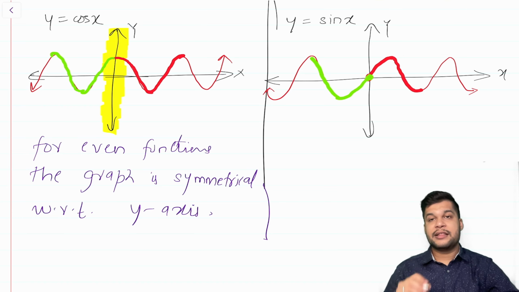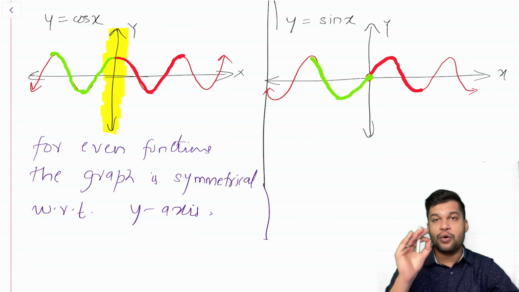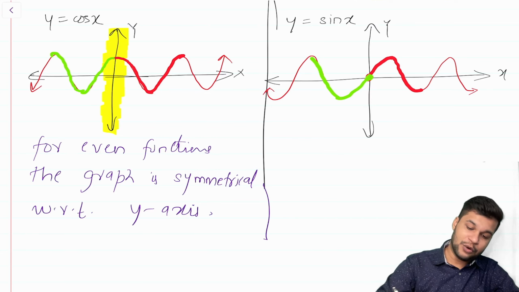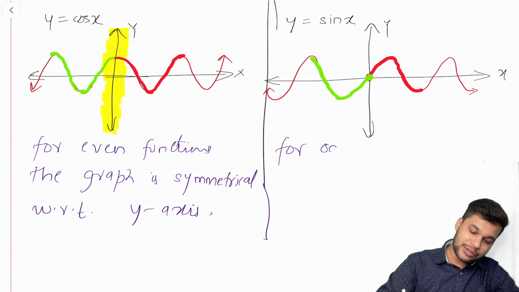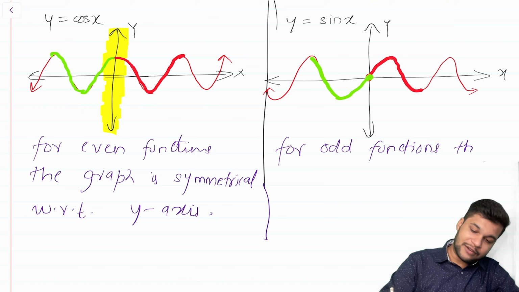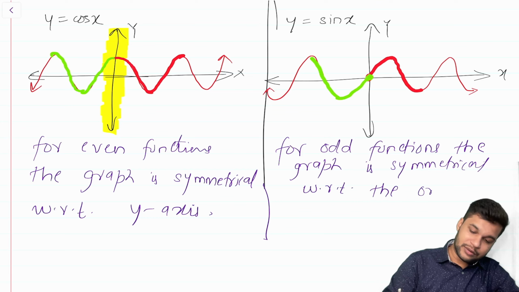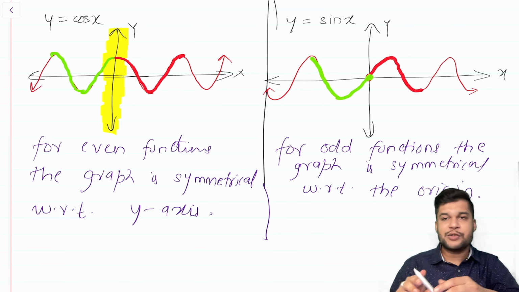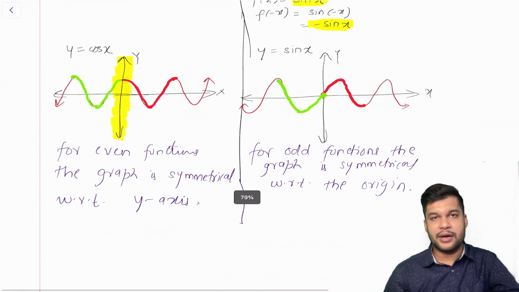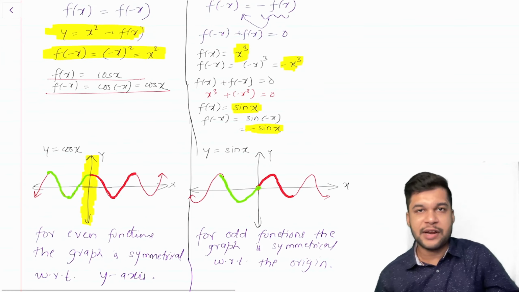So the graph is symmetrical with respect to the origin for odd functions. So these were the basic differences between even and odd functions.